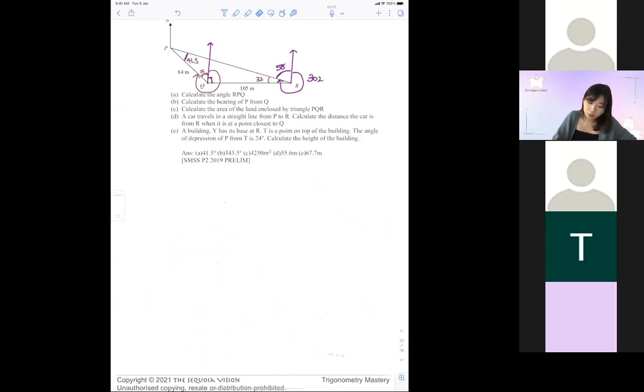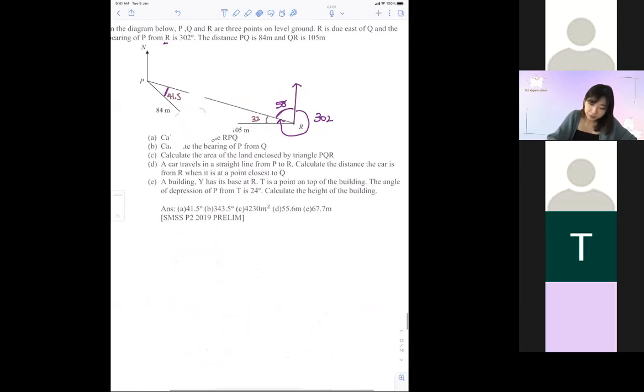Okay, next one. So, this is, what is it? 106.517, okay? All right, okay.